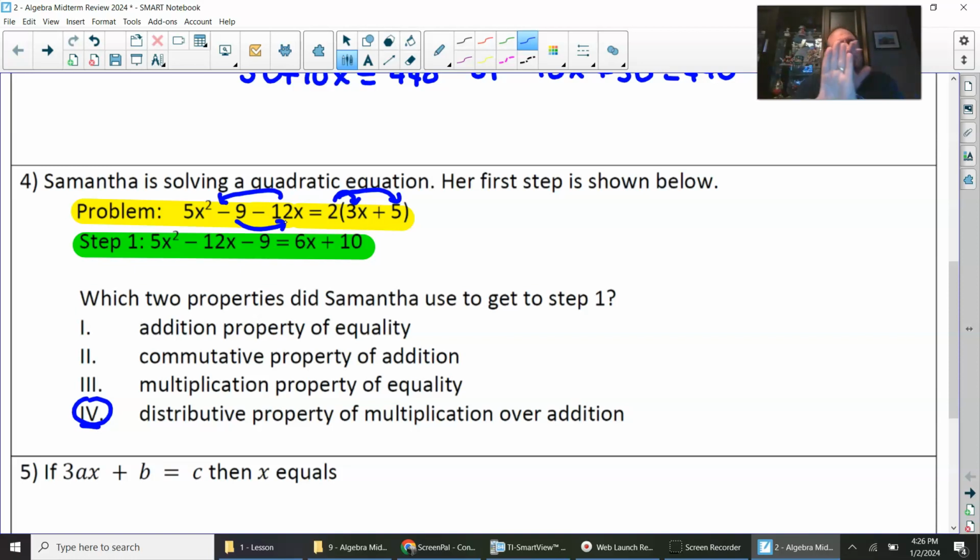So when you're switching like that, that's commutative property. It's like negative 2 minus 1 is equal to negative 1 minus 2. It's the same thing. It's the commutative property. So what two properties did Samantha use to get to step 1? It's 2 and 4. So 2 and 4.